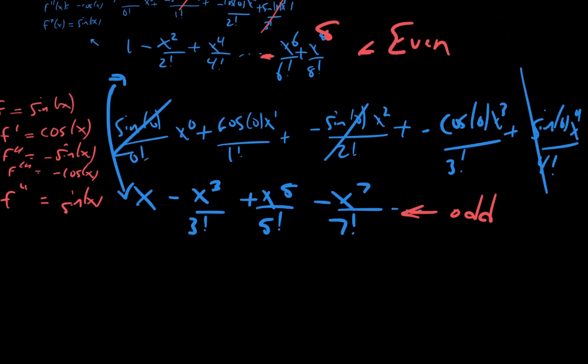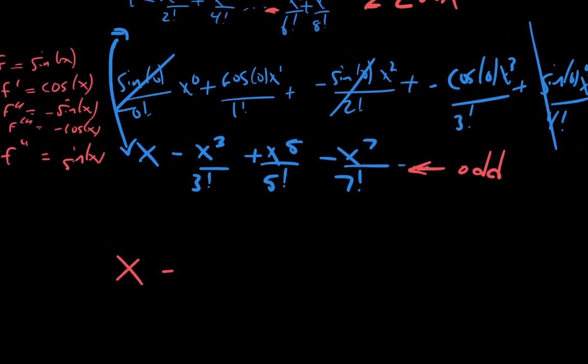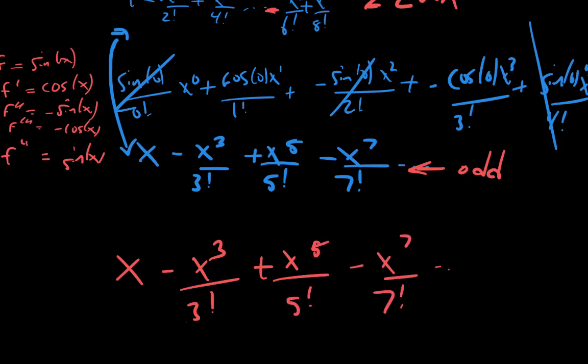Sine of x was x minus x cubed over 6, or 3 factorial, plus x to the 5th over 5 factorial minus x to the 7 over 7 factorial, dot dot dot, alternating between plus and minus.